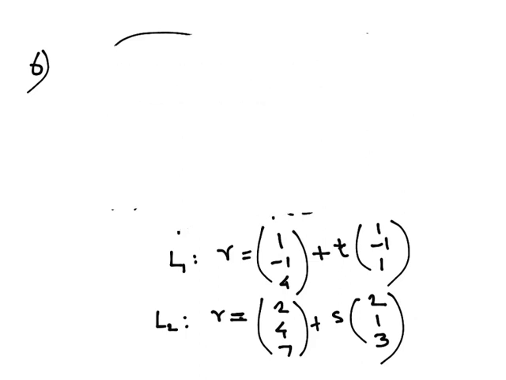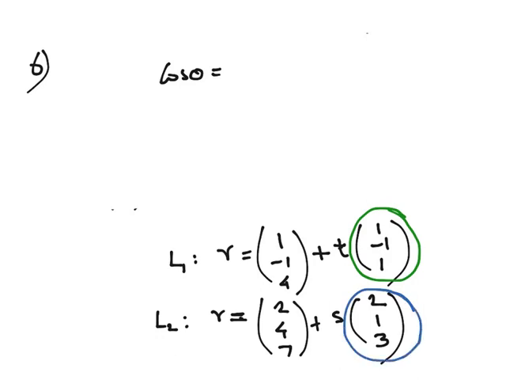Now we know the formula to find the angle between two vectors, isn't it, students? So we have cos theta equal to, now this vector gives direction to the first line and this vector gives direction to the second line. So I can take these as some U vector and V vector, right?